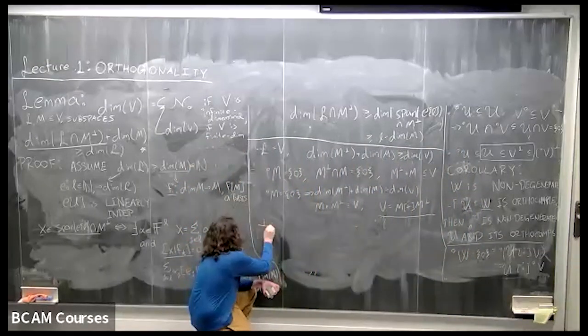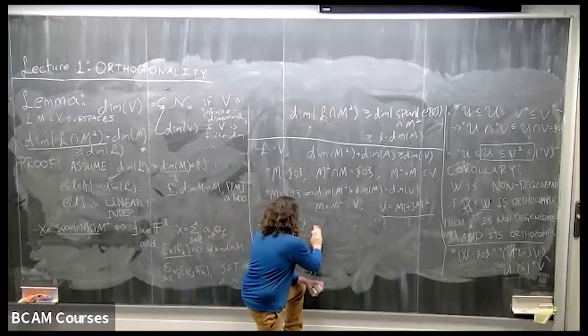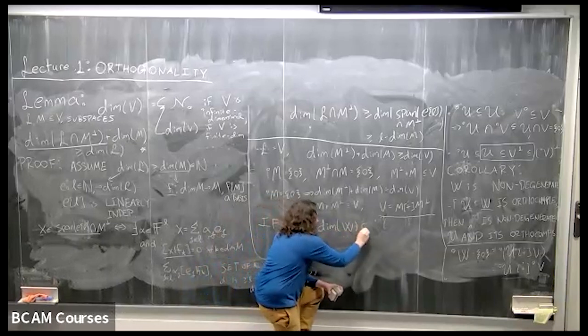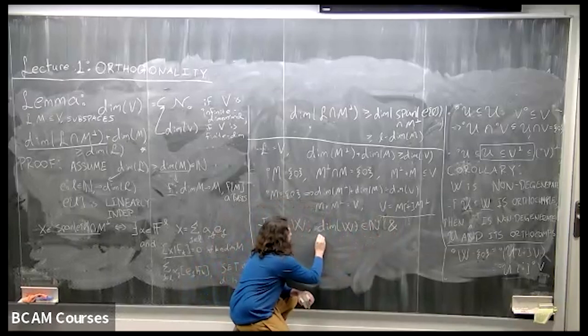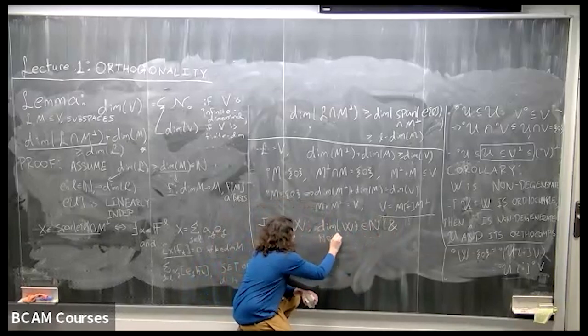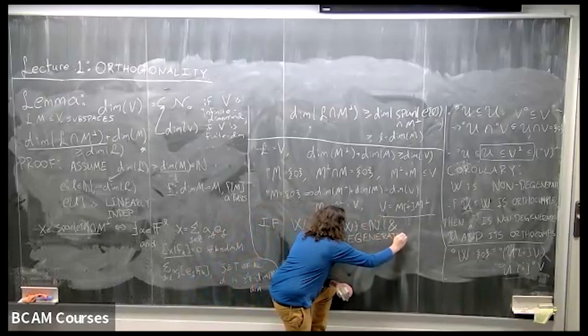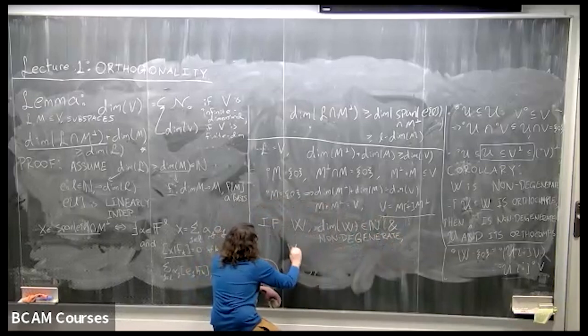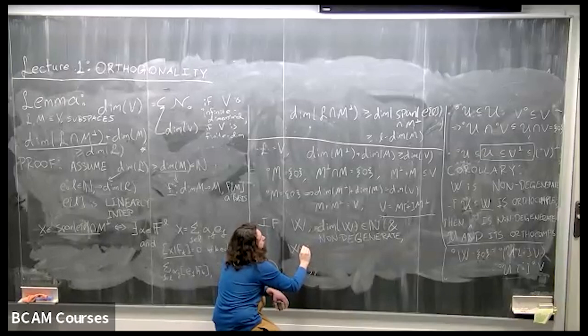So if W is finite dimensional and non-degenerate, then we have W equals, I don't know why I keep changing letters all the time, so forgive me.